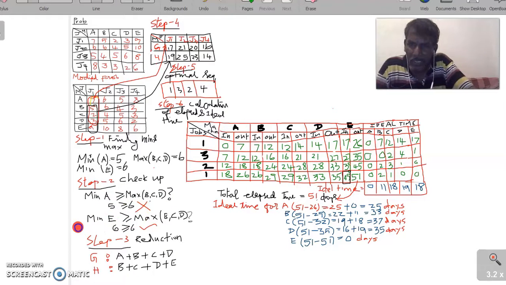Now let us take the minimum of E greater than or equal to the maximum of B, C, D. That's what we are checking here. The minimum of E is 6 days, the maximum among B, C, D is 6 days. So that is satisfied, both are equal. This is what we call step number 2.